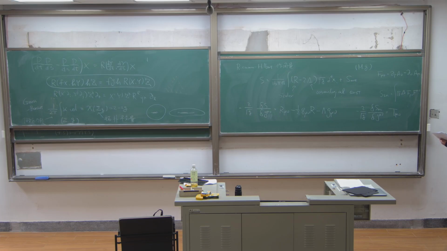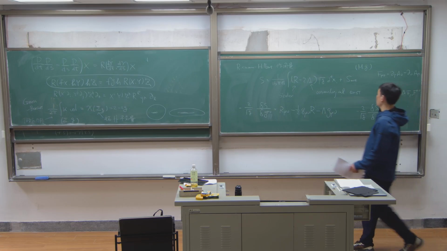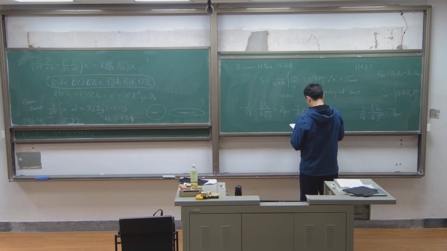It's called the stress energy tensor. So the Einstein equation becomes something like this one. It's equal to 8πG T_μν.